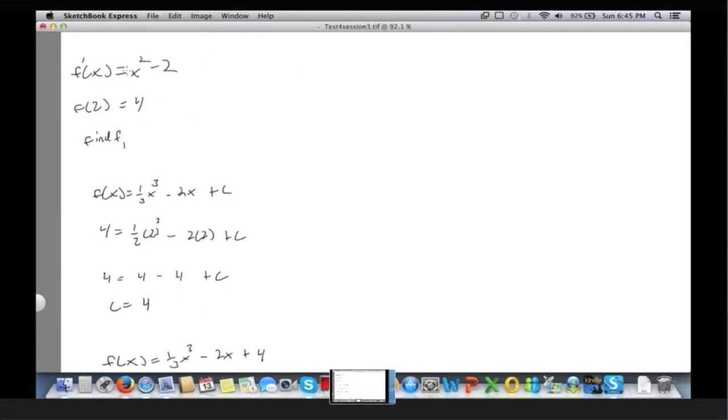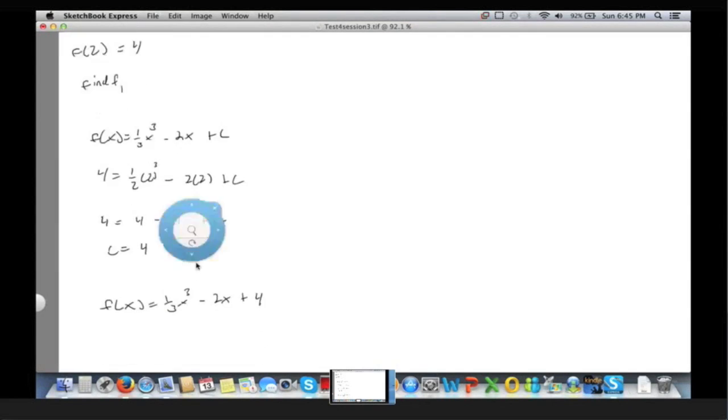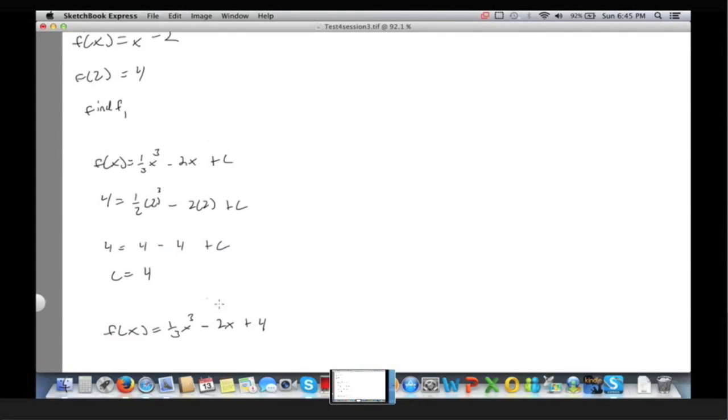So f prime of x equals x squared minus 2. I'm not sure what I'm doing wrong because when I plug in 2 for this, I don't get 4.